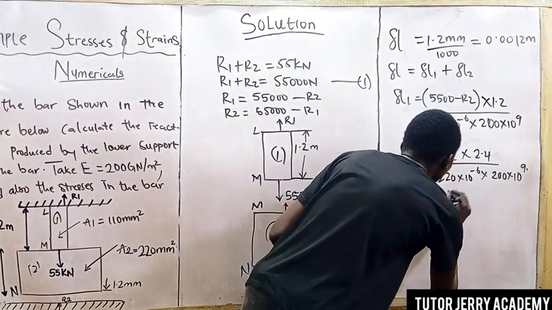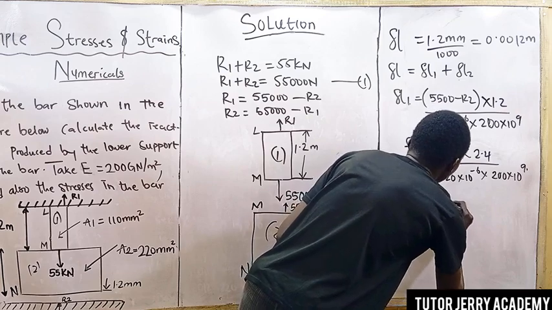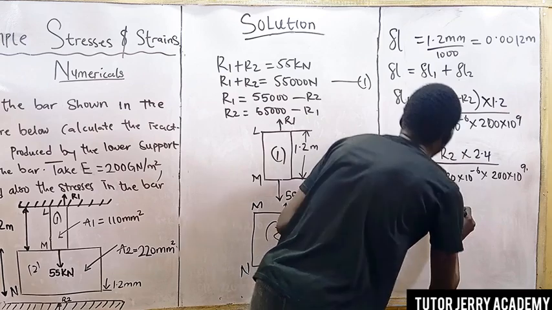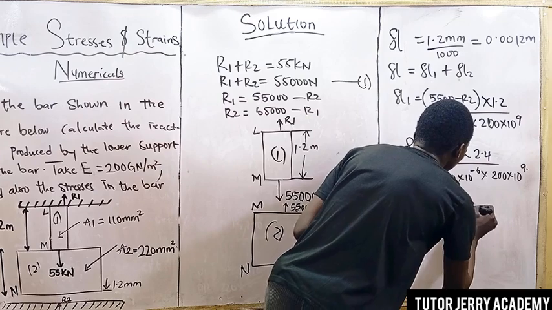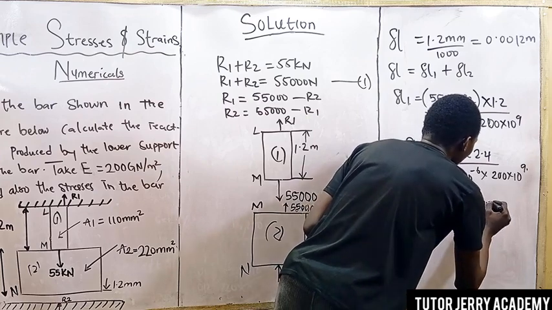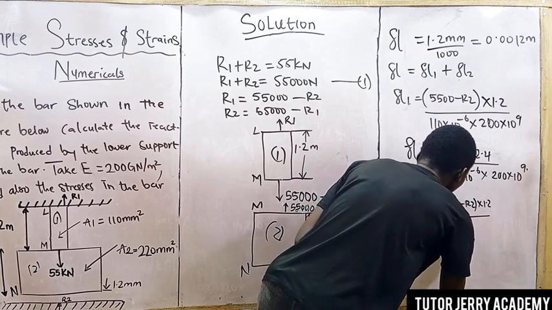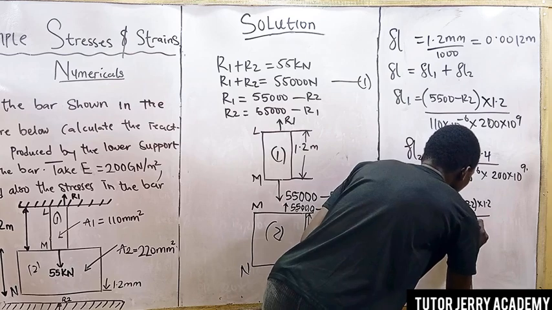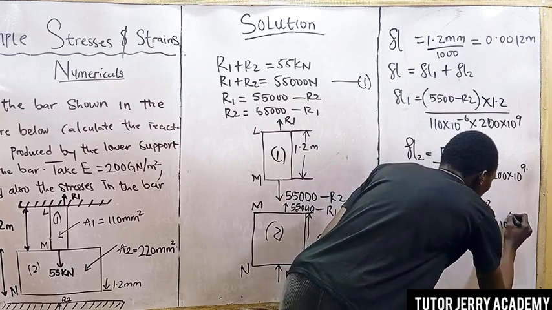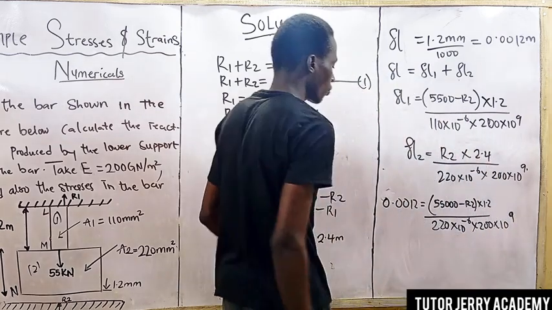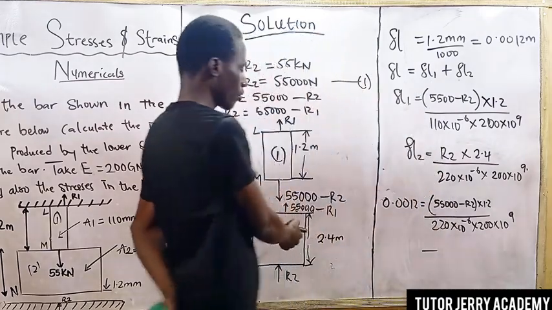It implies that we're going to have 5,500 all over 1,000, that is 220 multiplied by 10 to the power of minus 6, minus this, because what we said is compressive.